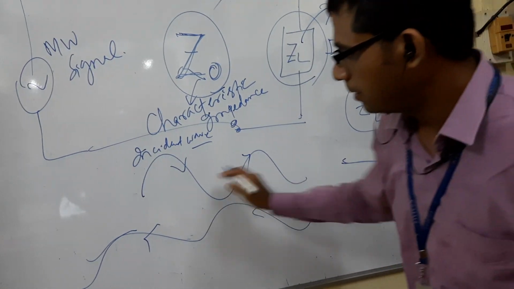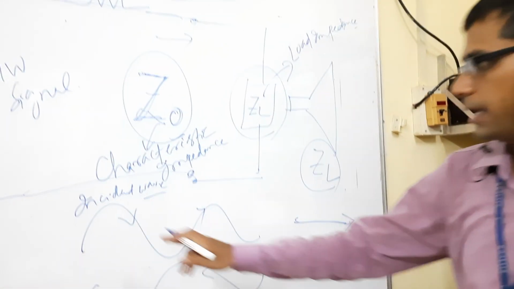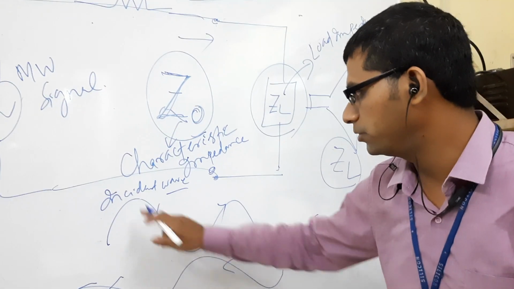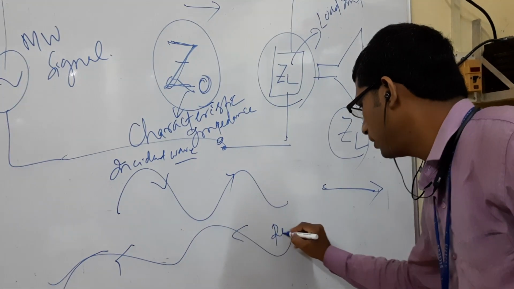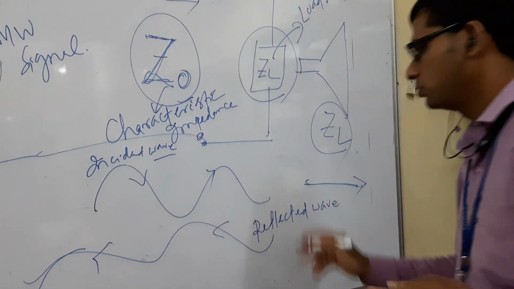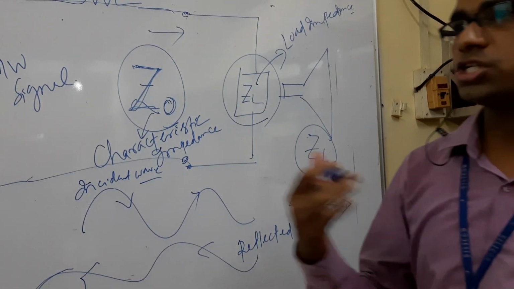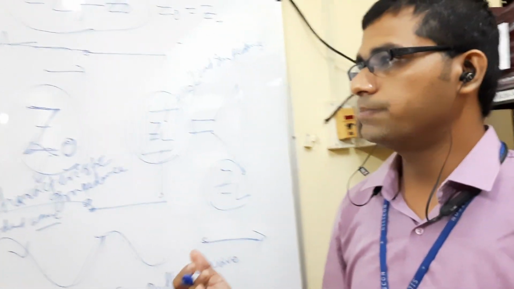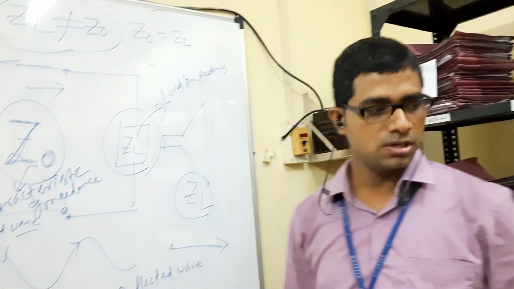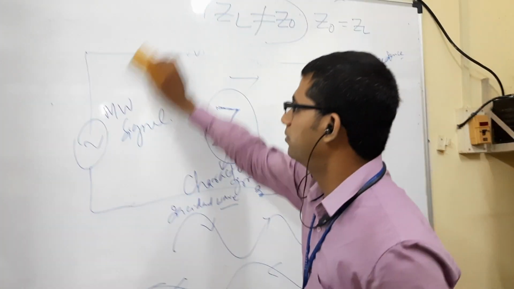That means it back propagates. So there is interference between this incident wave and the reflected wave. They superimpose. They can superimpose constructively, or they can superimpose destructively. What is called constructive interference? What is called destructive interference?